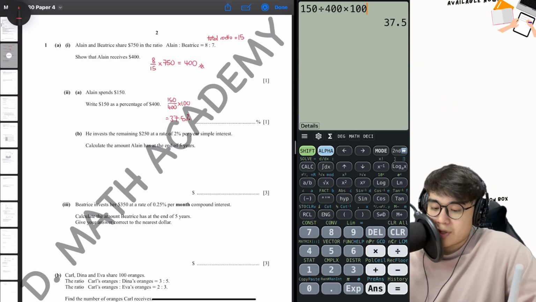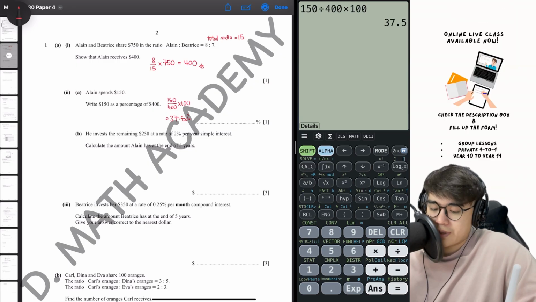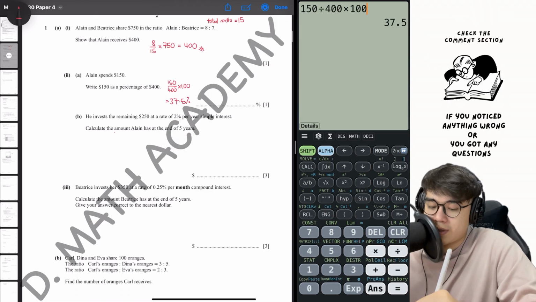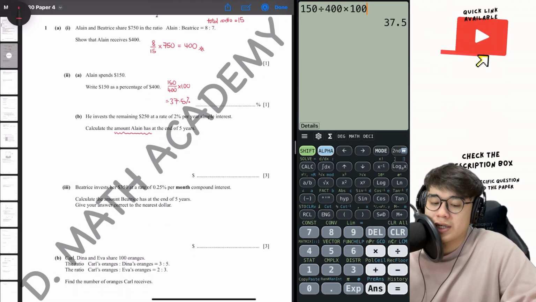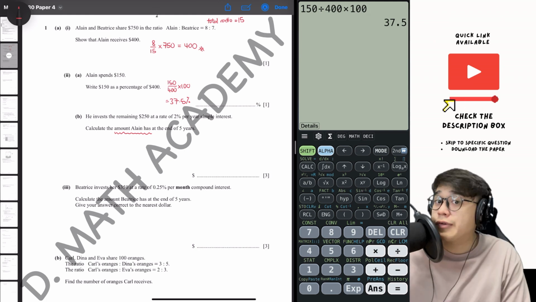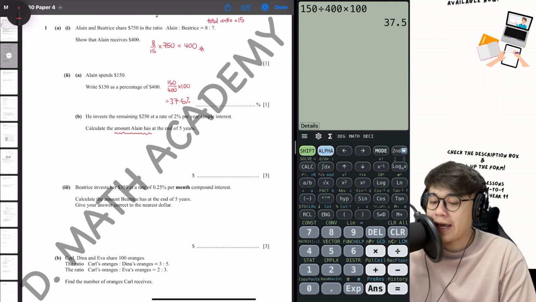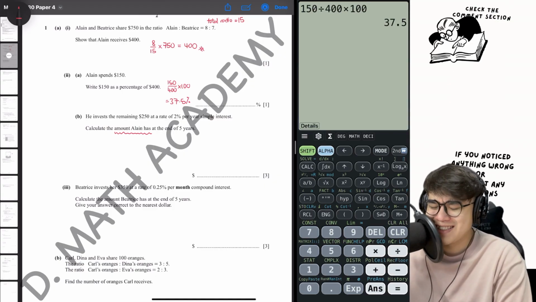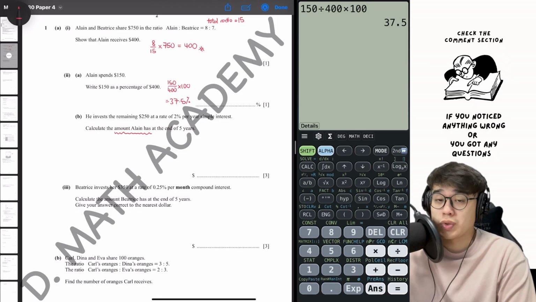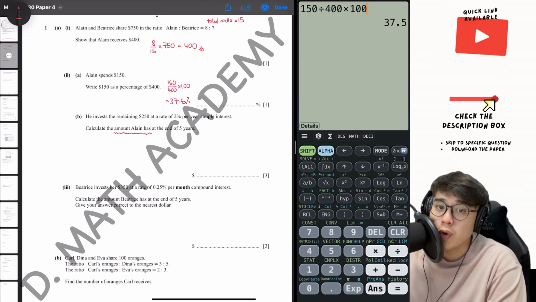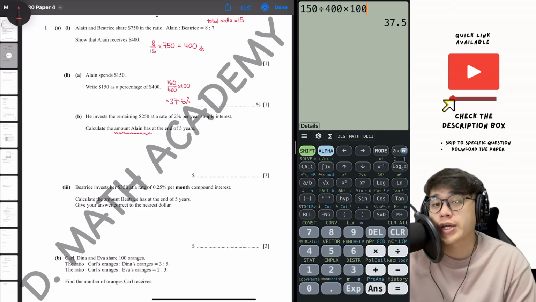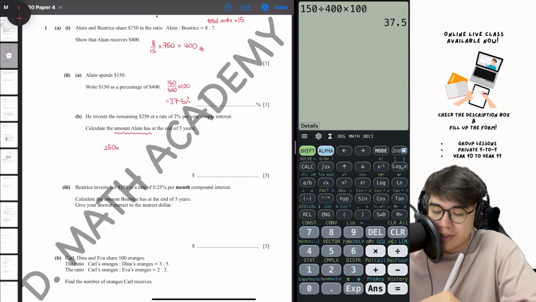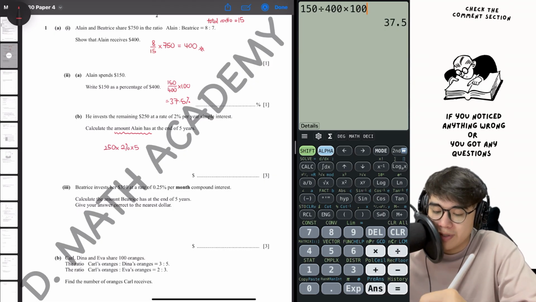He invests the remaining 250 at a rate of 2% simple interest for 5 years. Okay, so the statement here is quite vague, because they are asking for the amount that he had at the end of 5 years. So in this case, you must note that the simple interest formula will only get you the interest earned. Okay, so your 250 times 2% times 5 years.